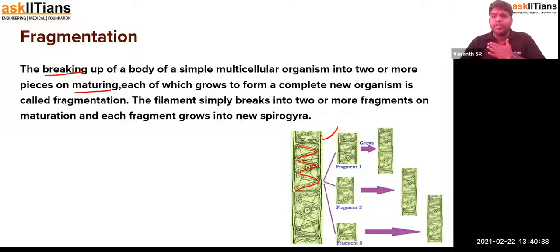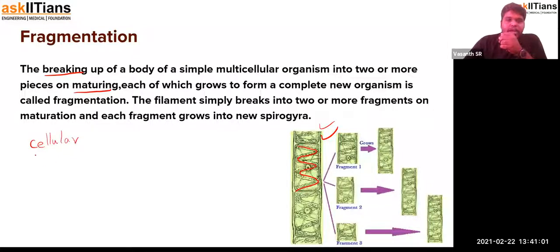So why can't we undergo it? I told you already, the organisms which have only cellular level organization will undergo this. You also studied this in the chapter on biodiversity in living organisms in 9th standard, where we studied organisms at the cellular level, then tissue level, organ level, and organ system level.